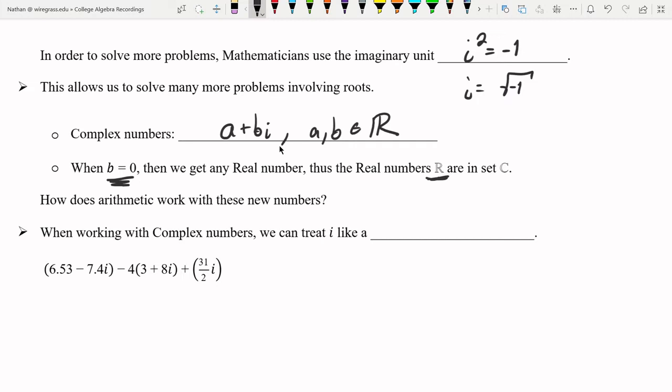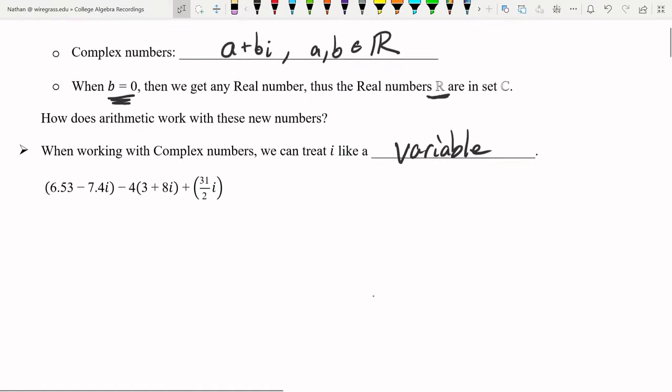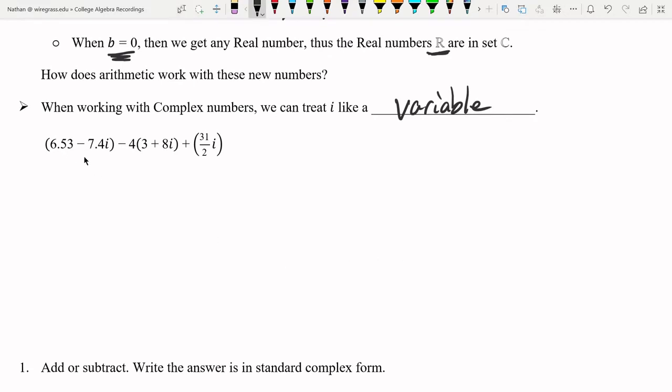Now, when doing arithmetic on complex numbers, we can treat i like a variable and go from there. Okay, so now when we're working with this expression, we have a complex number, -4 times a complex number, and then plus another complex number.